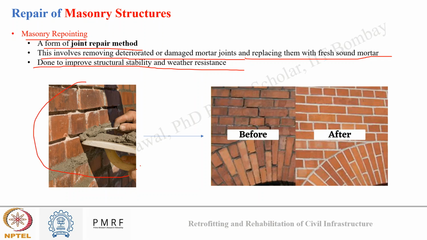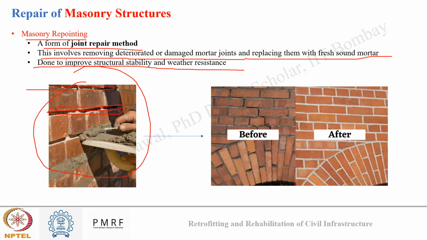Here in this image, there is severe degradation of the mortar lining due to weathering. This degradation weakens the structure's capacity, so masonry repointing was used as a repair method.